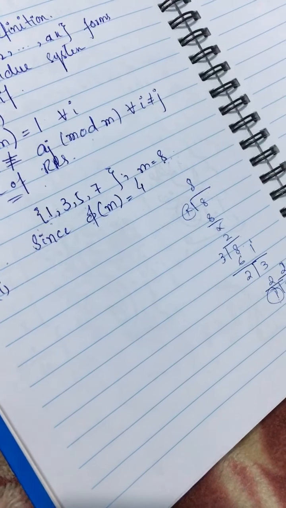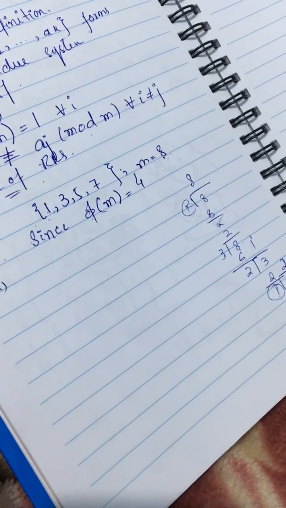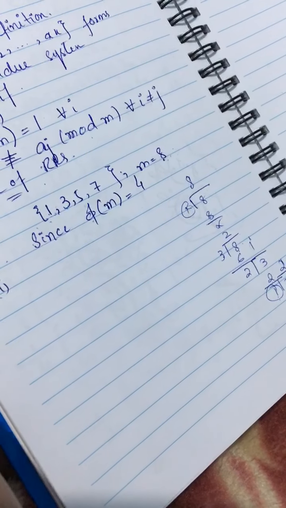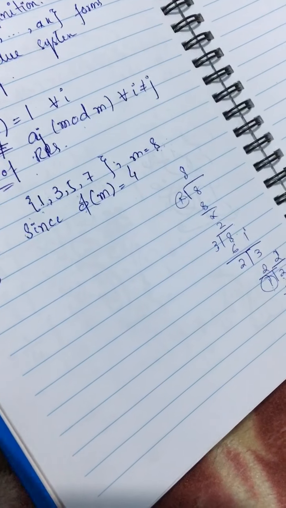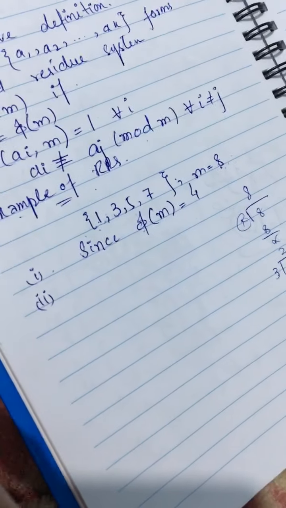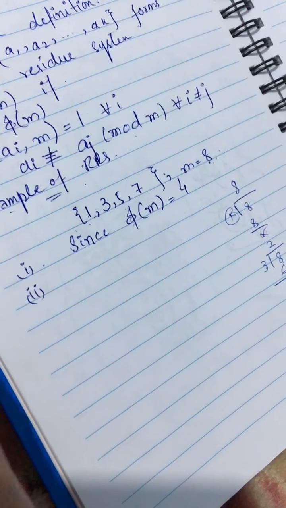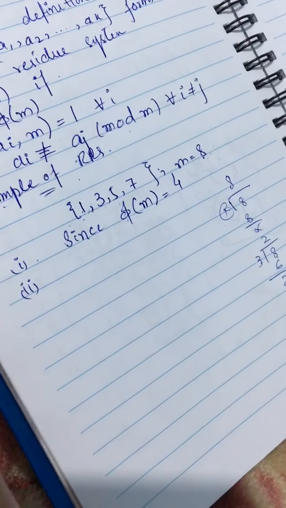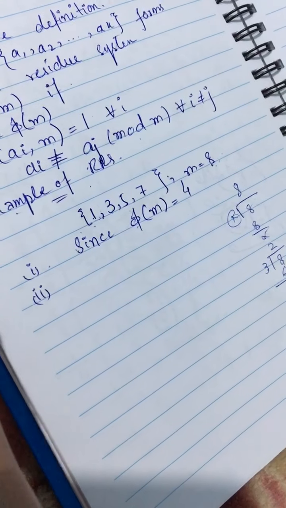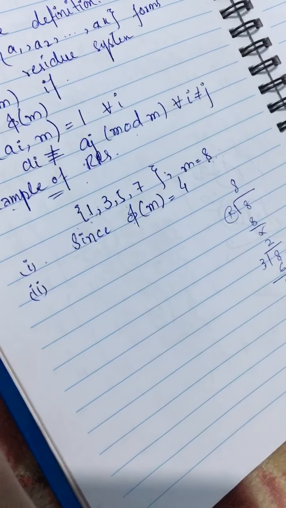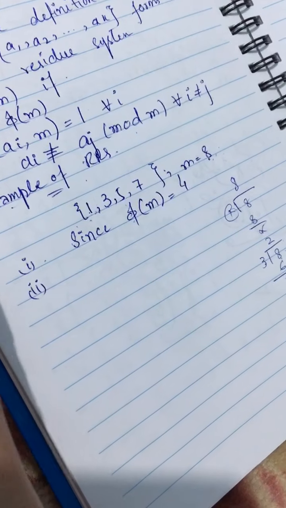So the next thing is we have to check the third condition. The third condition is that Ai is incongruent to Aj in modulo M. So let's check the third condition.